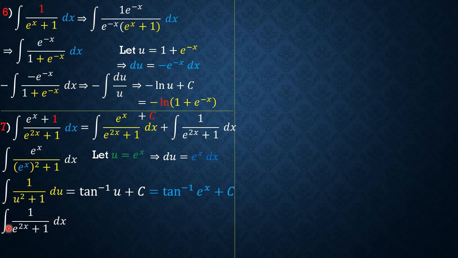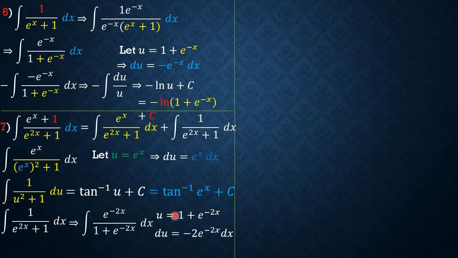So in such a case, as we did here, we are going to multiply top and bottom by e raised to the power negative 2x, as we did here for e raised to the power x. So we are going to have the integral of e raised to the power negative 2x over 1 plus e raised to the power negative 2x dx. In this case, if we let our u be 1 plus e raised to the power negative 2x, as we did here similarly, du gives us negative 2 e raised to the power negative 2x dx.